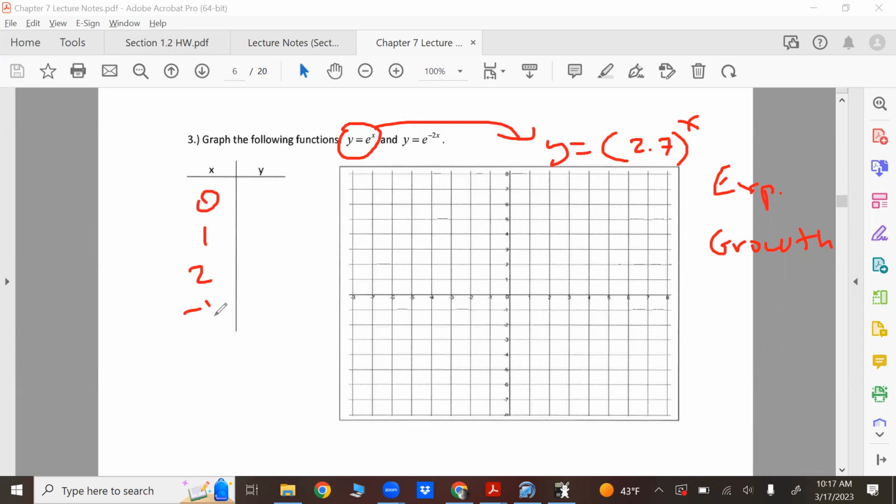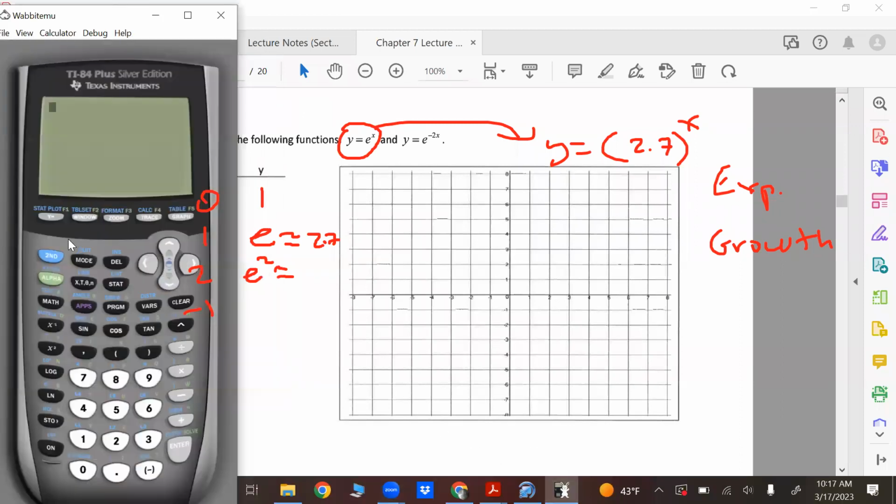I'll do -1 also. So e to the 0 power, anything to the 0 power is always 1. We talked about this. If you plug in 1, that's just e, which is roughly 2.7. That's e squared, which is a little tricky. I think it's roughly 8. I would never ask you to do this without a calculator, obviously.